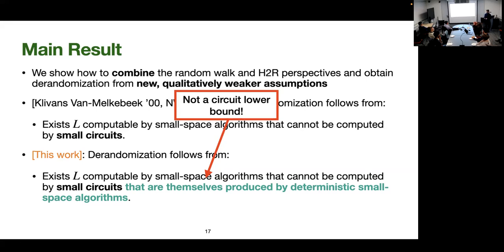So it directly computes L, but not the circuits that will then compute L. So it cannot somehow communicate its wisdom to the small circuit. Exactly. And both the upper bound and the lower bound here are deterministic small space algorithms. Yes.